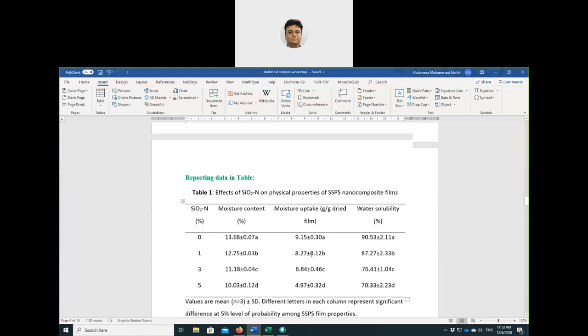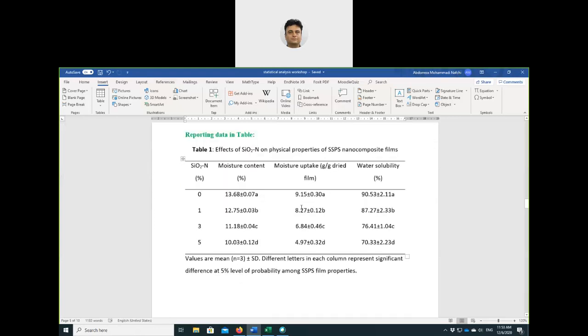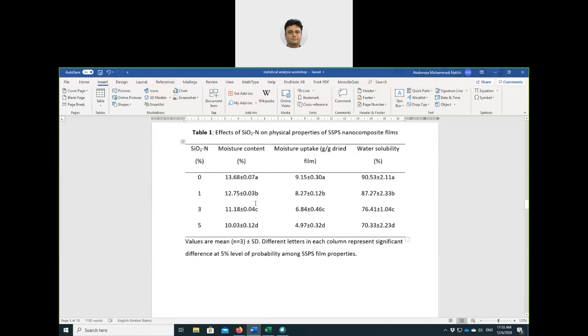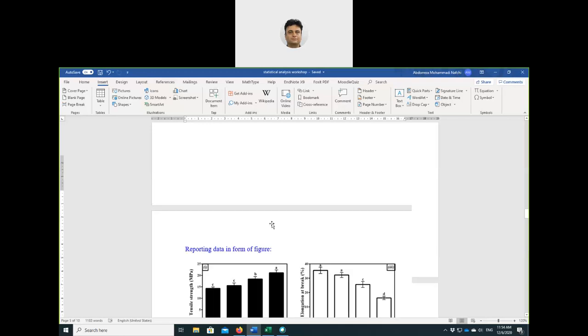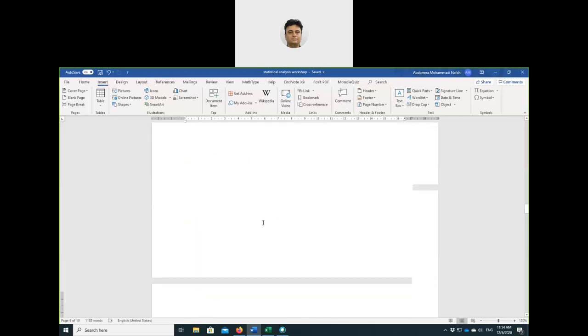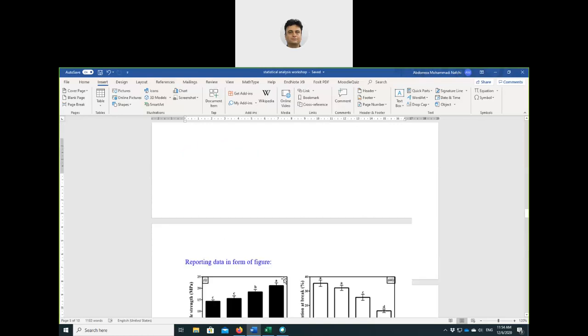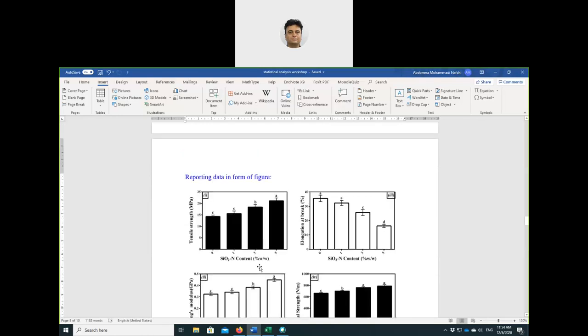The same in tables, you need to report the same thing. And the last thing, do not report the data in your report both as a table one time and as a figure another time. Just report once, either in table form or in figure form.